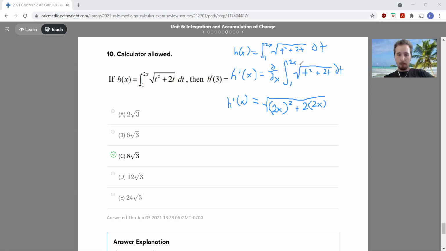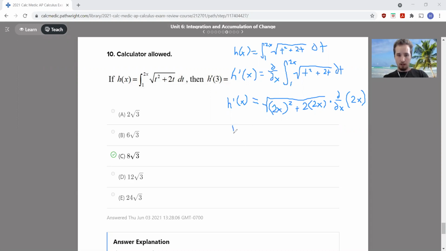But because we were plugging in 2x and now we're taking a derivative with everything having a 2x in it, we also have to take the derivative of the inside. So the derivative of 2x is just 2. Actually, I'll do this more properly. We have to take the derivative of the inside, which is 2x.